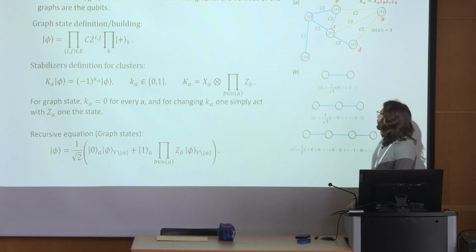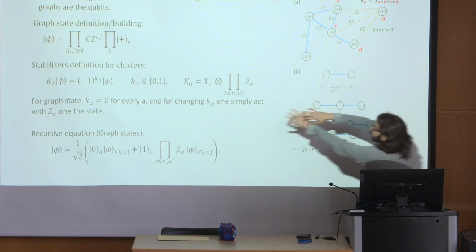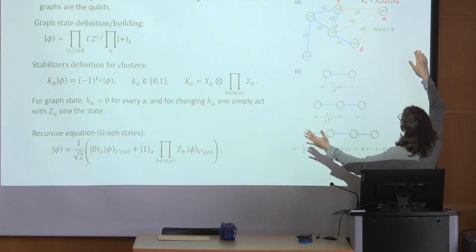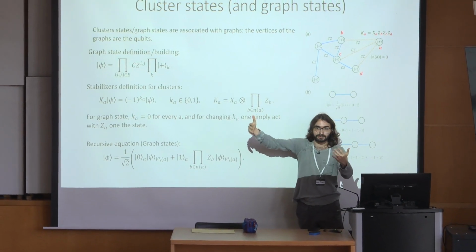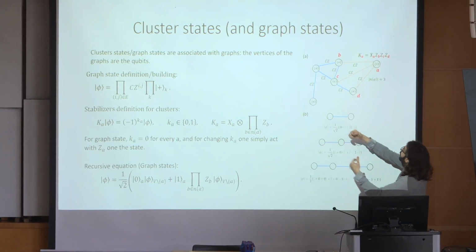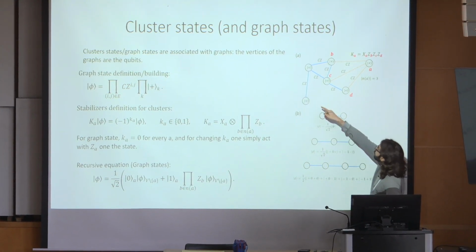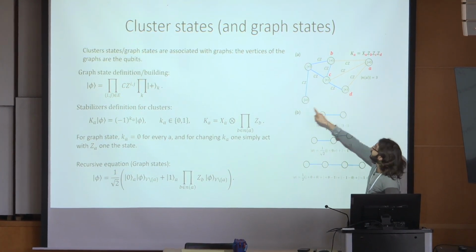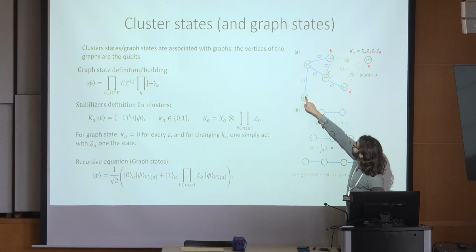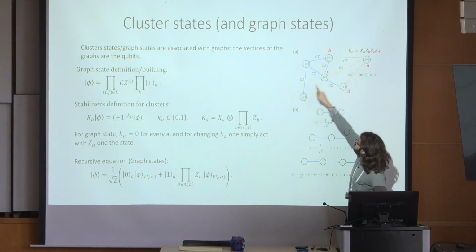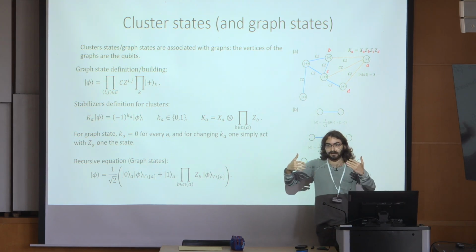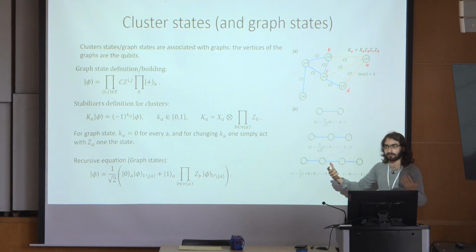And the cluster state, there are some equivalent definitions. One of the definitions is like that: a cluster state is a graph state up to some Z operations. When I talk about a graph state, I take some mathematical graph. Every vertex represents a qubit. I first put all the qubits in a plus state, which is (0 plus 1) over square root of 2.